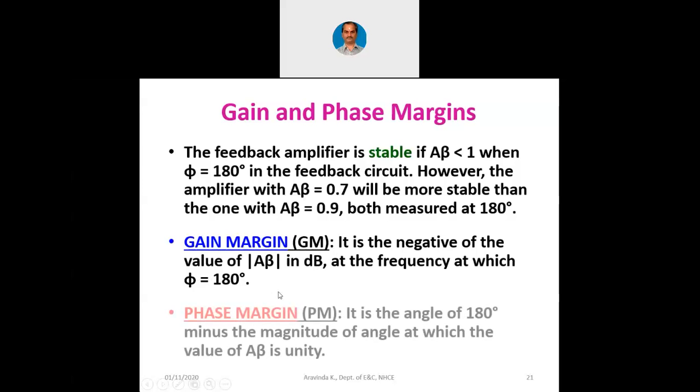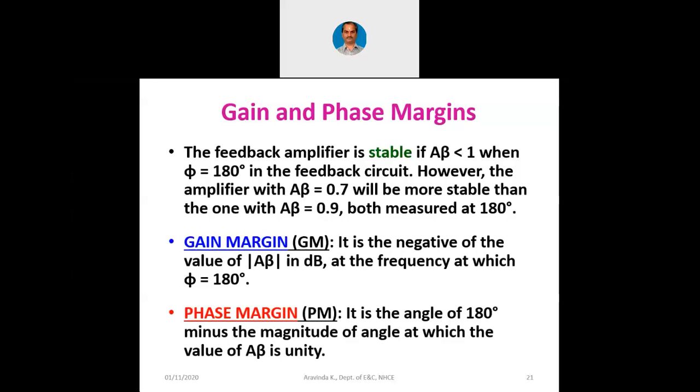Now, what is phase margin? Phase margin is the angle of 180 degrees minus the magnitude of the angle at which the value of A beta is unity. Now, we have two things. A beta should not be minus 1 when phi equals 180 degrees. That means, maybe A beta is less than 1 when phi equals 180 degrees.